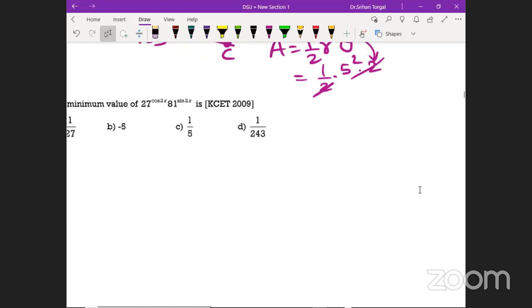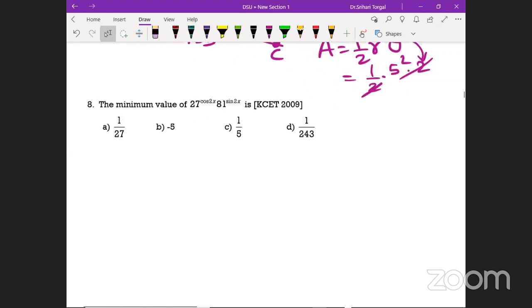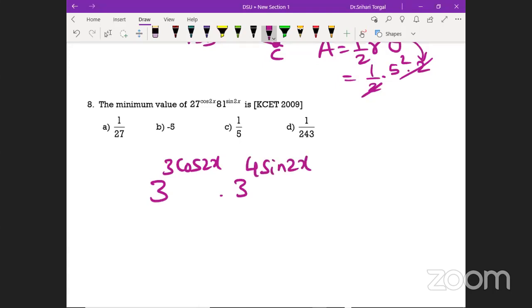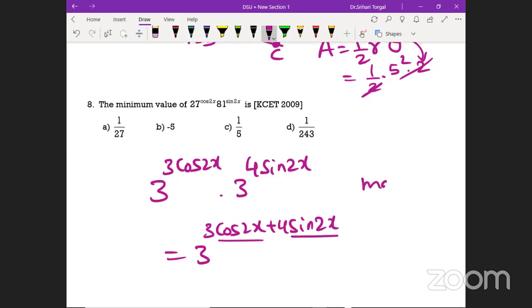The minimum value of 3 power 3 cos 2x into 3 power 4 sin 2x. Now, we can write this as 3 power (3 cos 2x plus 4 sin 2x). I told you initially, whenever you get cos and sin like this, what is the maximum value?